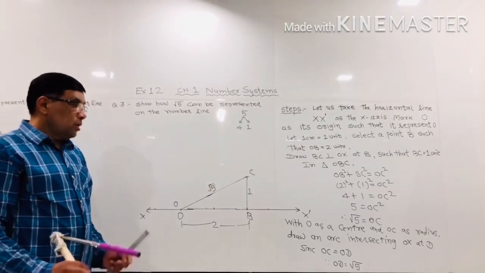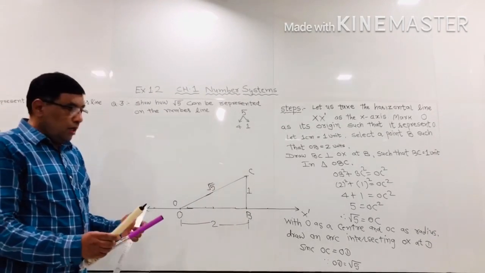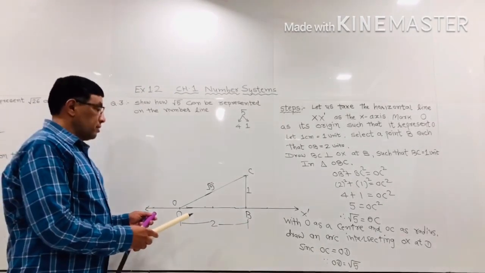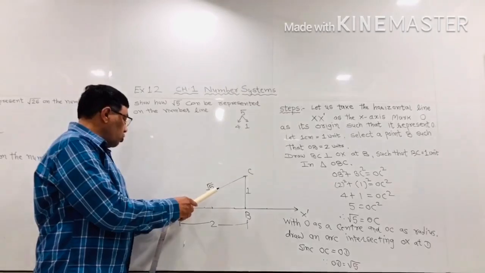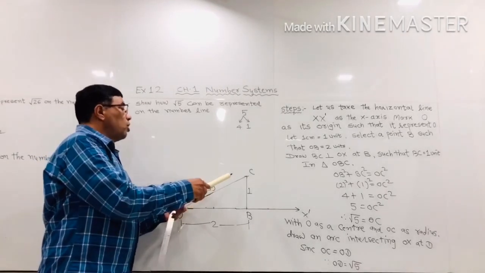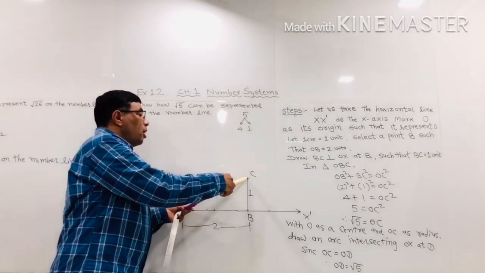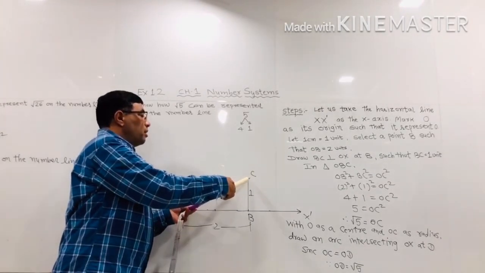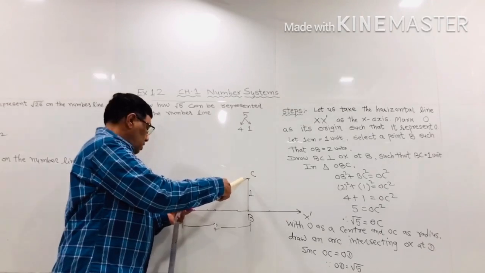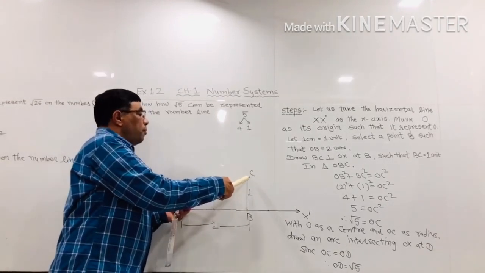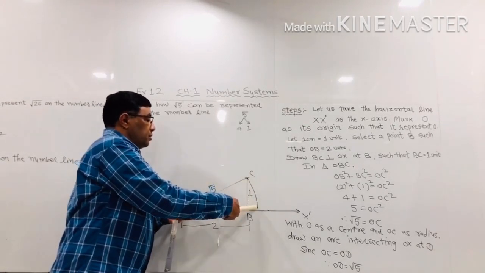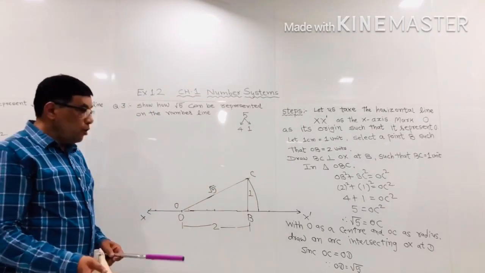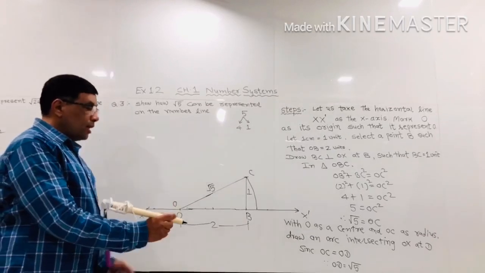Now we take a compass, and with the help of the compass we draw an arc. For that you have to keep your compass at O and open it up to C, like this. Open it up to C, and then draw an arc from here. When you draw the arc, mark the point.